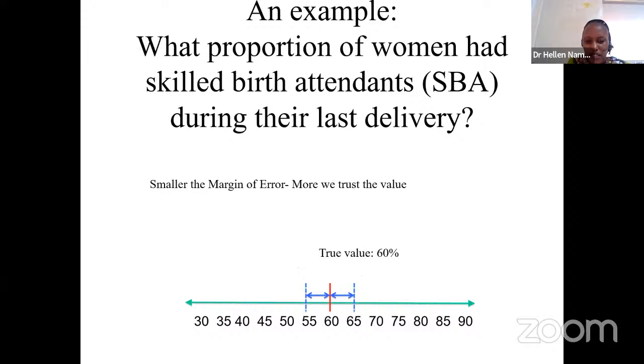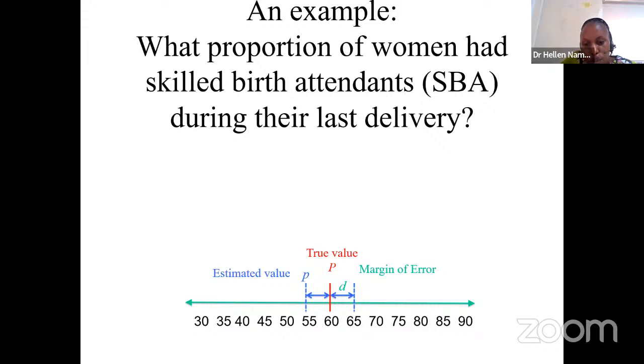The point is that the smaller the margin of error, the more we trust the value that we've come up with. For example, in this particular case, from the figure, I call it D, the margin of error, and it is at just 5%. I've got my true value, the population is telling me it is 60.